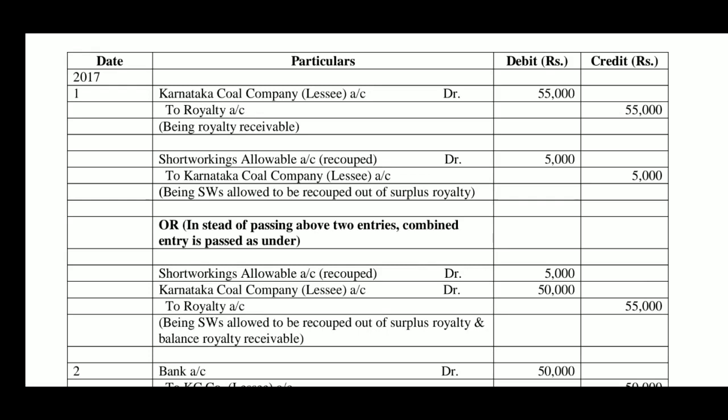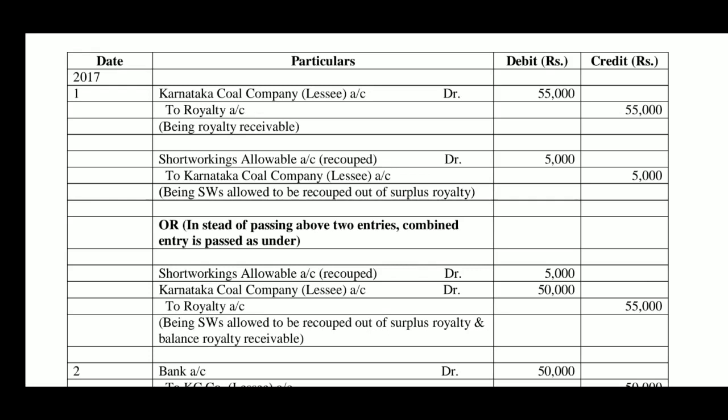Let us examine both the alternatives. First alternative, lessee's account debtor to royalty account, that is 55,000, the actual royalty, being royalty receivable. Now, in the second entry, recoupment is made. Short workings allowable account is debited with the amount of 5,000 which is recouped. Surplus royalty is 5,000 which is used for the purpose of recoupment, to Karnataka Coal Company account, that is lessee's account.